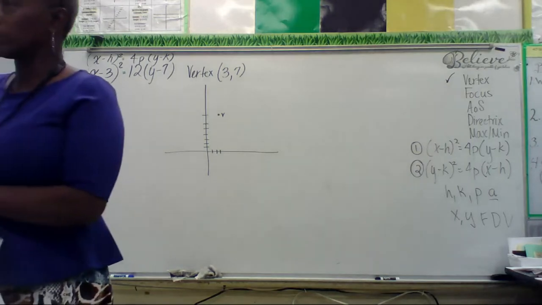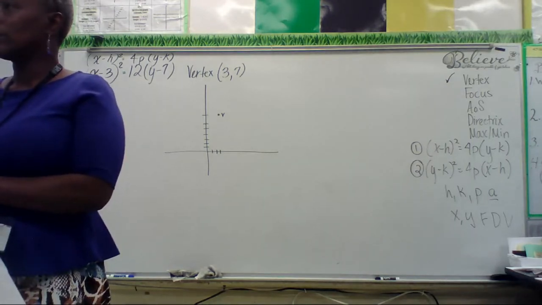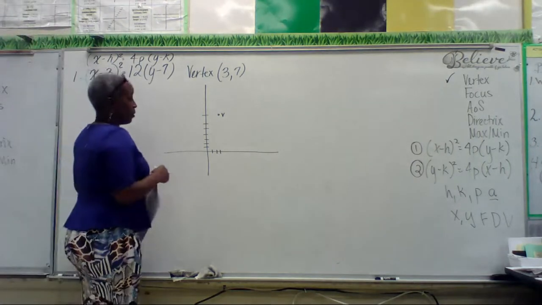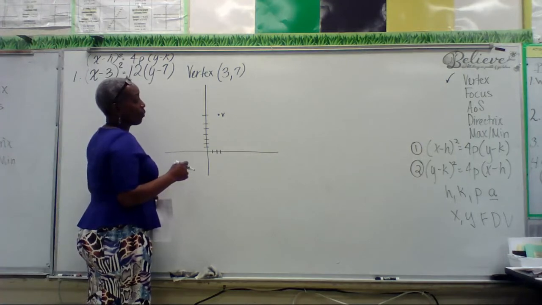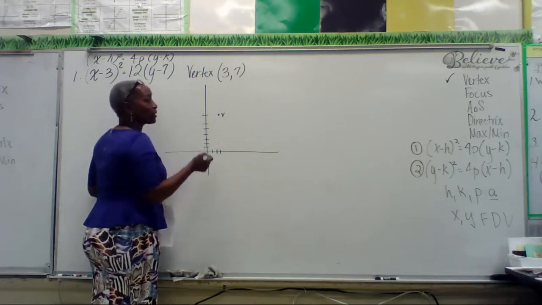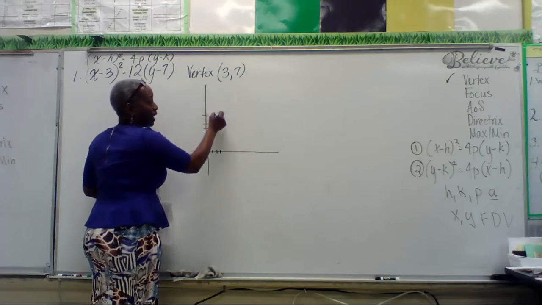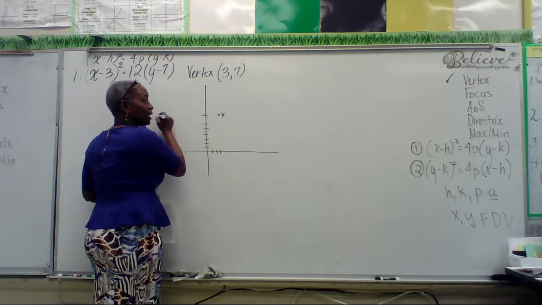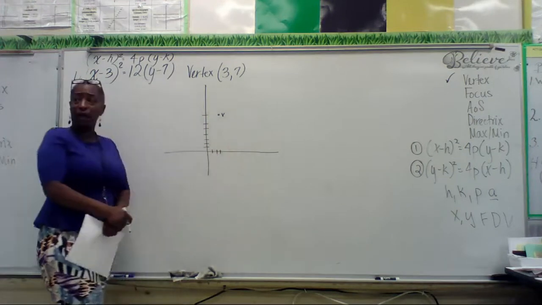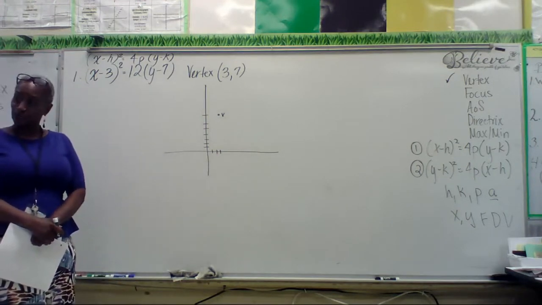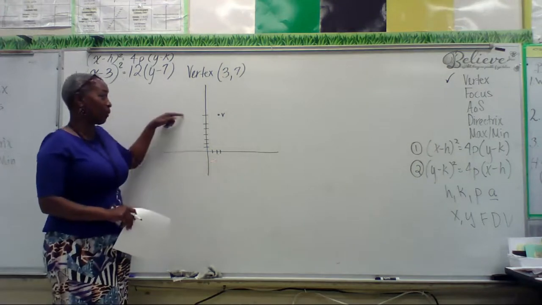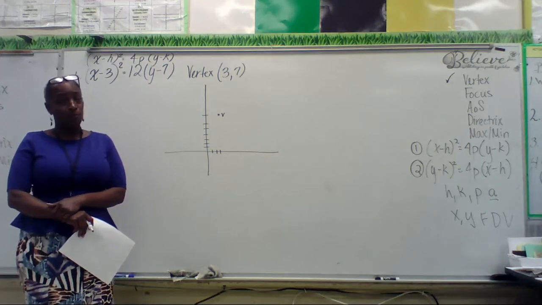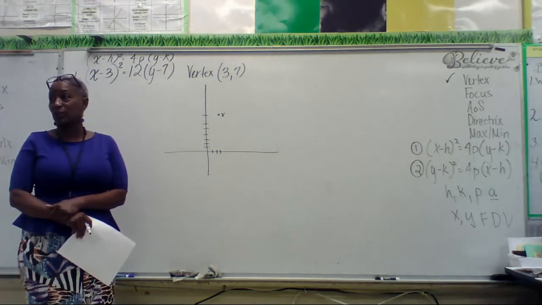Everybody thought the axis of symmetry might be 3, but I'm telling you there's a possibility that the axis of symmetry could be y equals 7. It may not be x equals 3. It could be y equals 7. The vertex will still be correct.